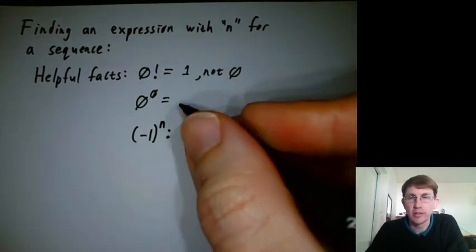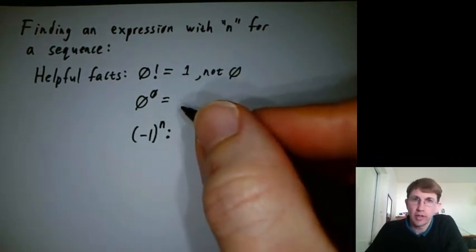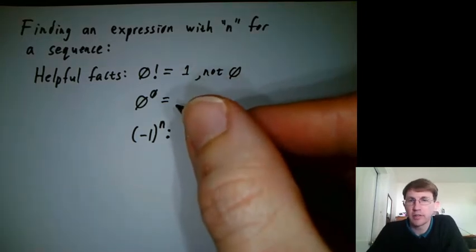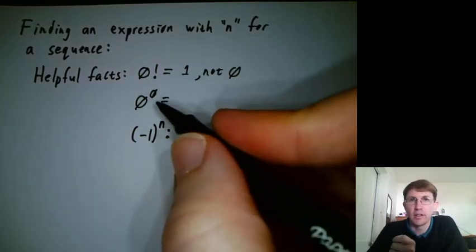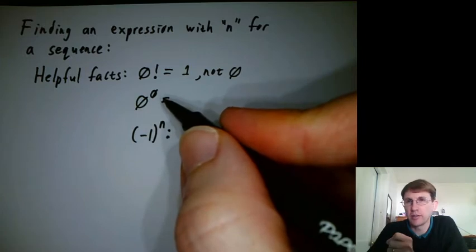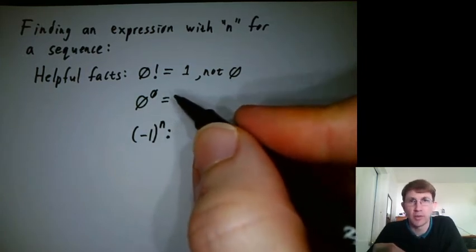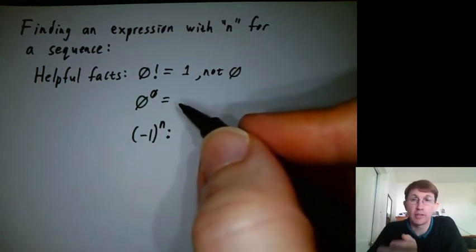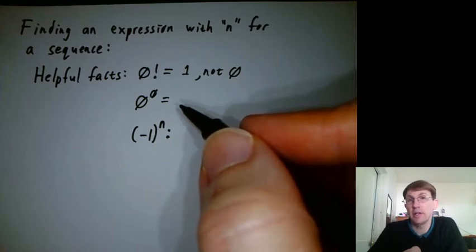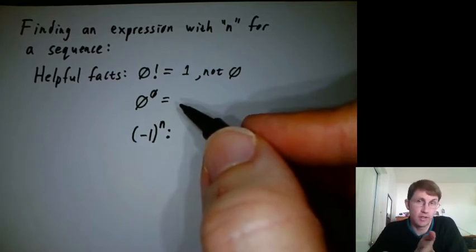What is 0 to the 0? In earlier calculus classes, you probably said that's actually undefined. It depends on, if you have x to the y, how is x approaching 0, how is y approaching 0. So technically it's undefined, but here in chapter 8, we're going to just say that 0 to the 0 is 1. We're going to say that anything to the 0 is 1, even 0 to the 0.